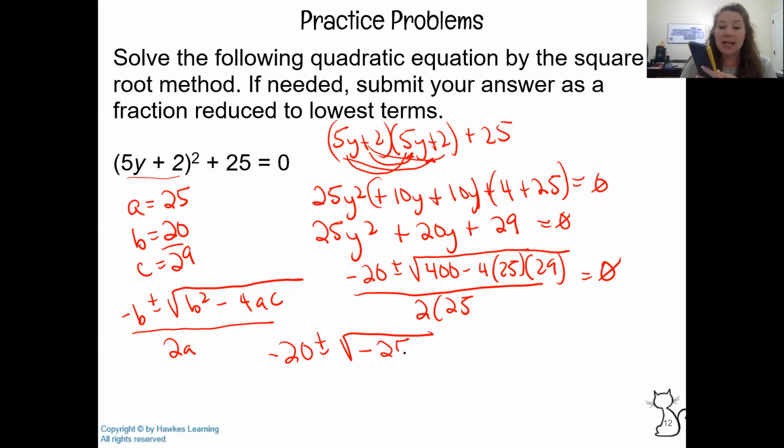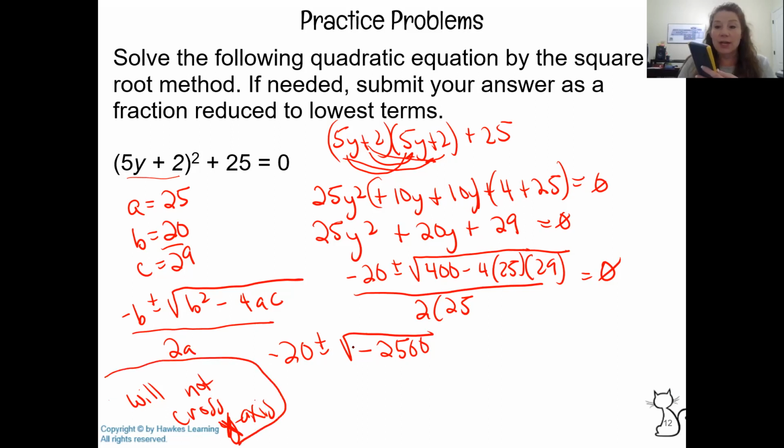So when I have a negative under the radical, that means it will not cross the x-axis. It doesn't have an x-intercept. So if it asks for real numbers, we're done. It doesn't have any real solutions. But if it asks for complex answers, then we'll continue.